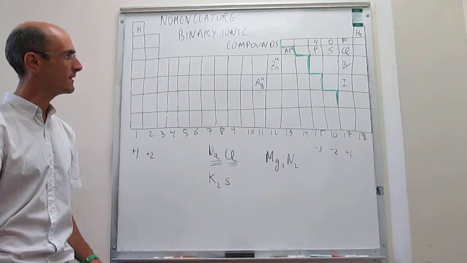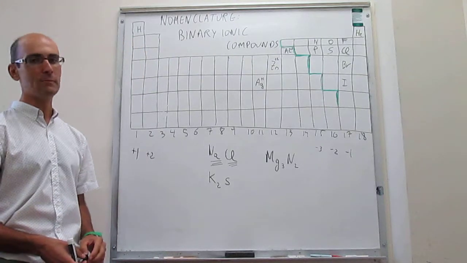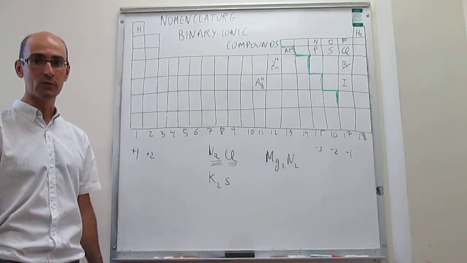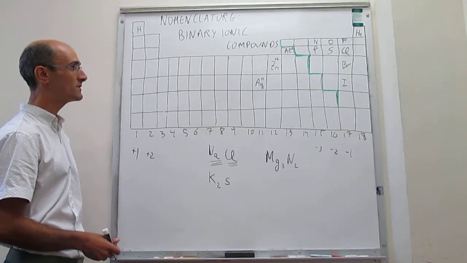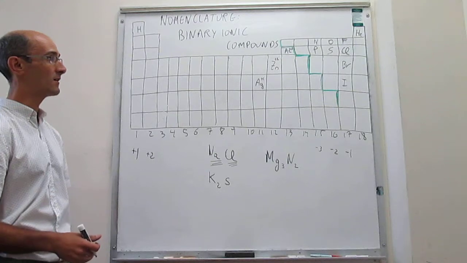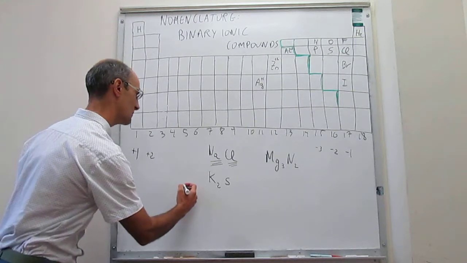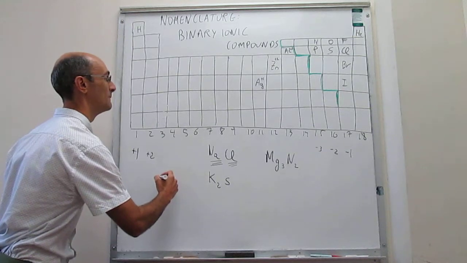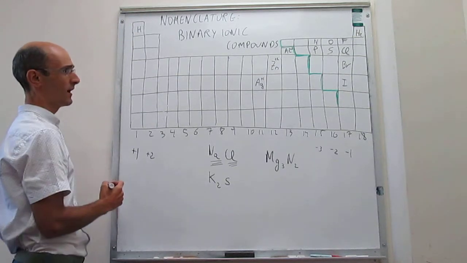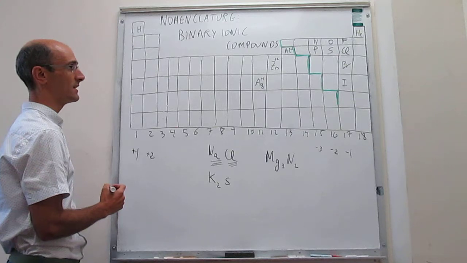Like that, you can continue to name all of the compounds that you wish. We can take, for example, cesium and phosphorus, or cesium and oxygen if you want to. We can do very many things here. I'm trying to find an example that we haven't seen yet.